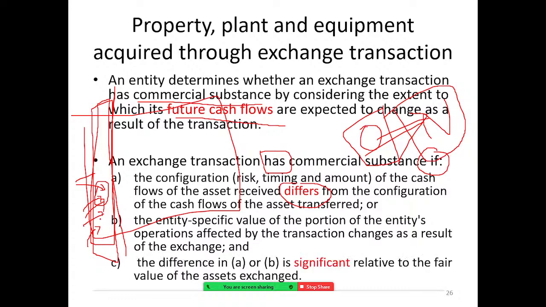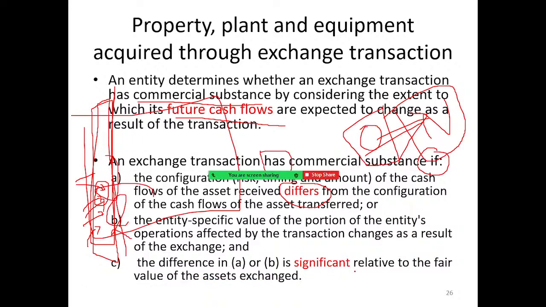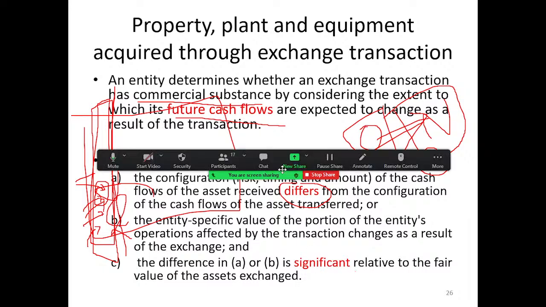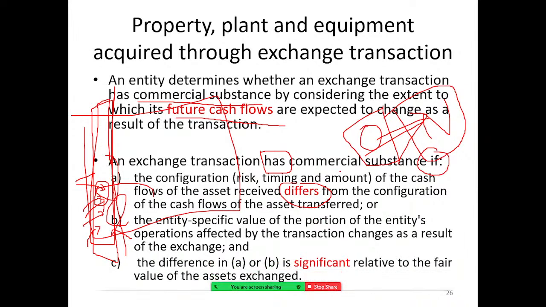So the difference in A or B is significant relative to the fair value of the assets exchanged. The difference should be significant, a noticeable material difference.